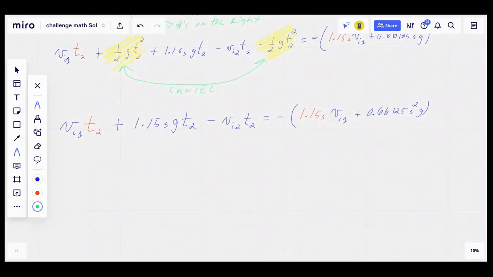So we have T2 here, T2 here, and T2 here. We don't have any more T2 squares. So what I'm going to do is I'm going to pull the T2 out.